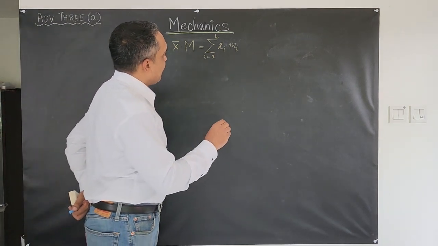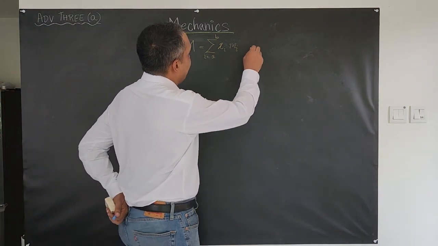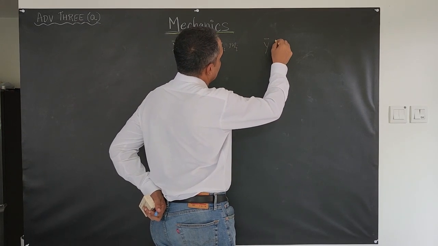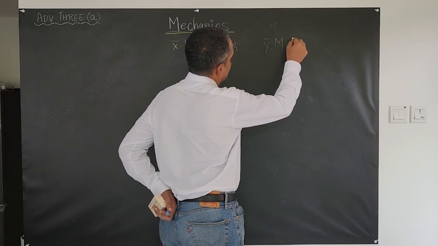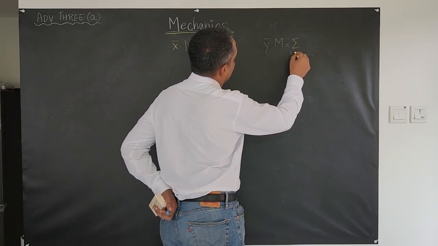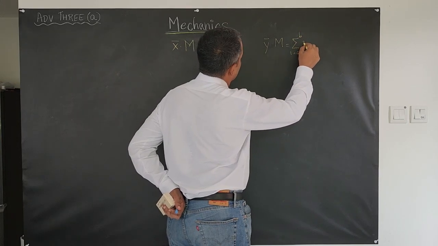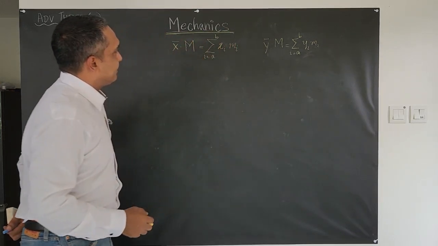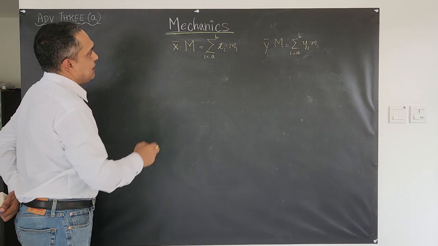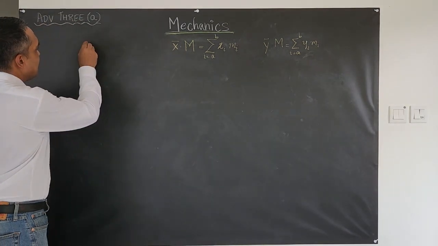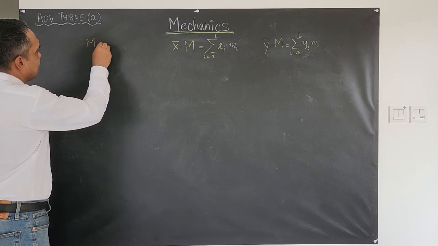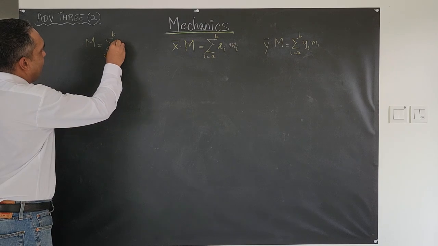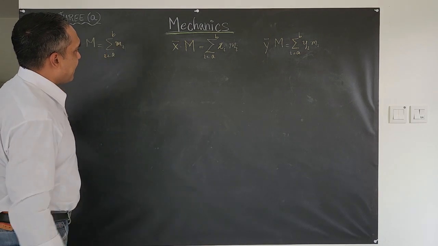Similarly, you would write the same for y: y bar times the mass would be the summation, i equal to A to B, of y_i m_i. Now what I want to do is understand the mass here, which is the total mass. The total mass is nothing but the summation, i equal to A to B, of all of the little pieces of the mass, right?